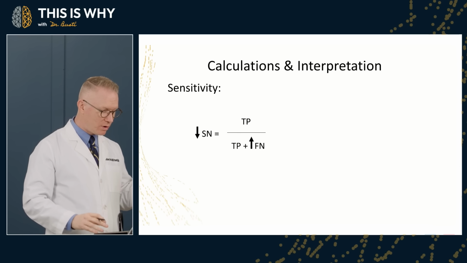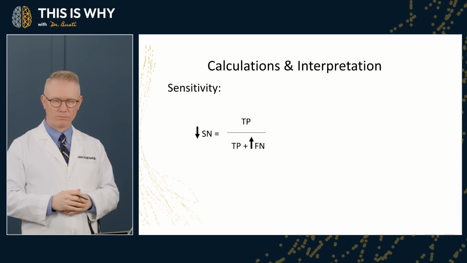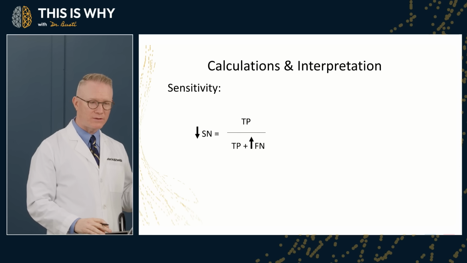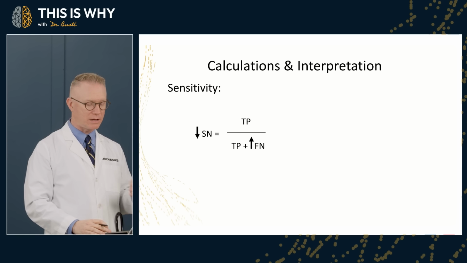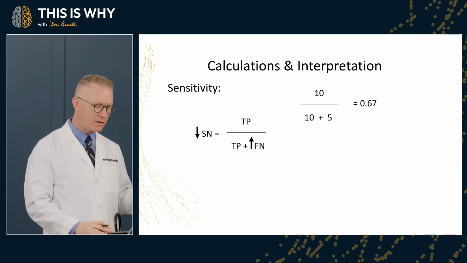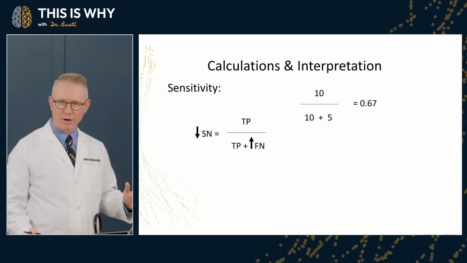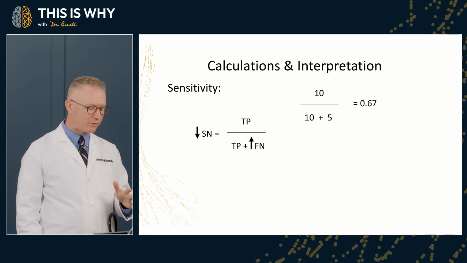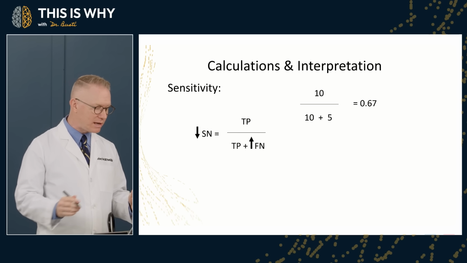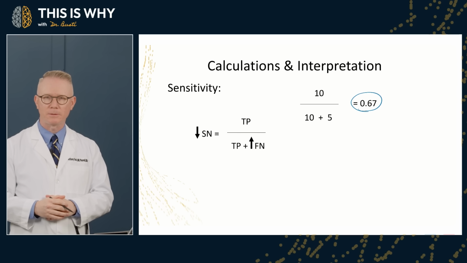So again, if you just simply look at the math, I'm driving this concept home. You have a numerator and denominator, and if something reduces the sensitivity, not that I want to do that, it's because in most cases you have false negatives. So in this example, just for math purposes, 10 divided by 10 plus 5. So 5 is our false negative rate. You get a sensitivity of 0.67 or 67%.